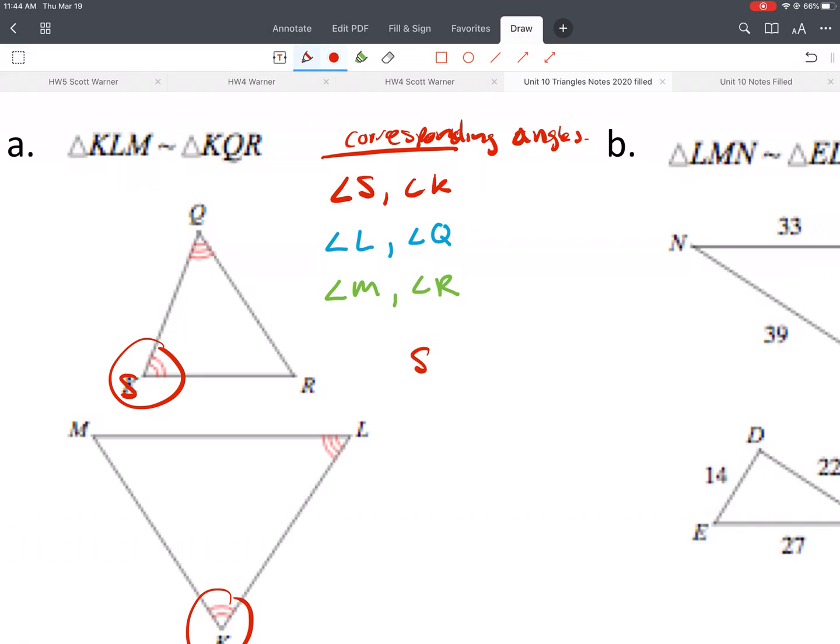So if we're doing sides, KL, and we said this was an S, KL corresponds to SQ. And then LM corresponds to QR.